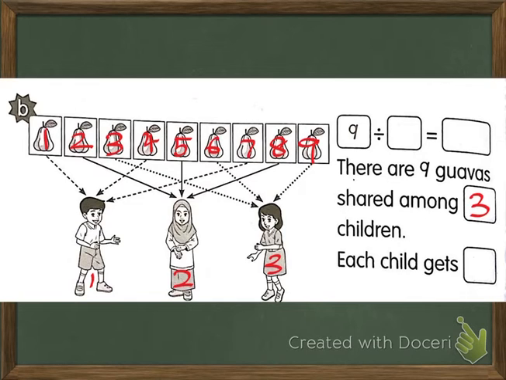What you have to do is divide the guavas equally to each child. Okay, equally to each child. Okay, the first guava goes here.